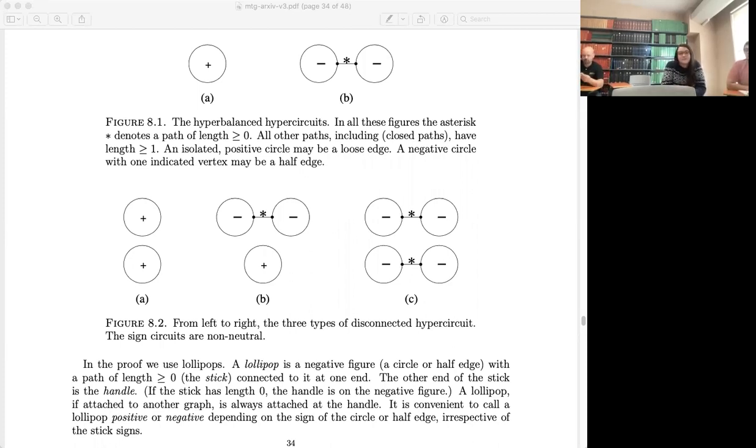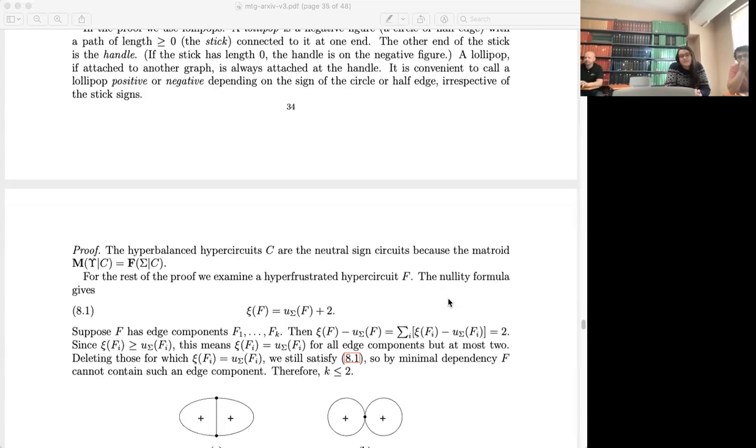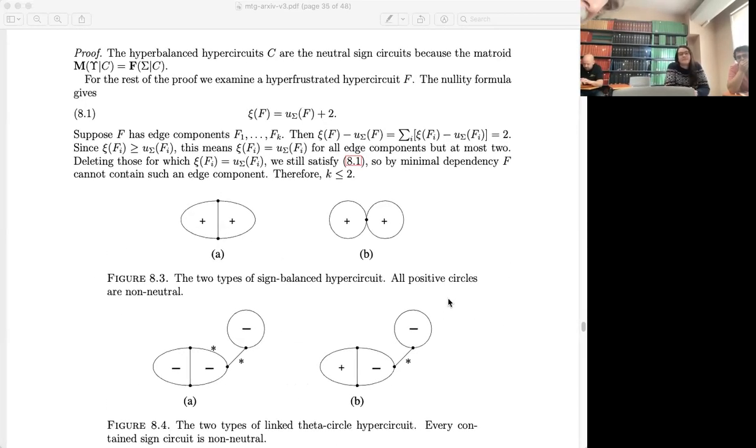Okay, so that's the simplest set of gain sine circuits. Okay, Zach, can you go to the next page? Okay, now we're getting to more. Look at the theta graph. In a signed theta graph, that's the one we have on the left top here, you can only have an even number of negative circles.